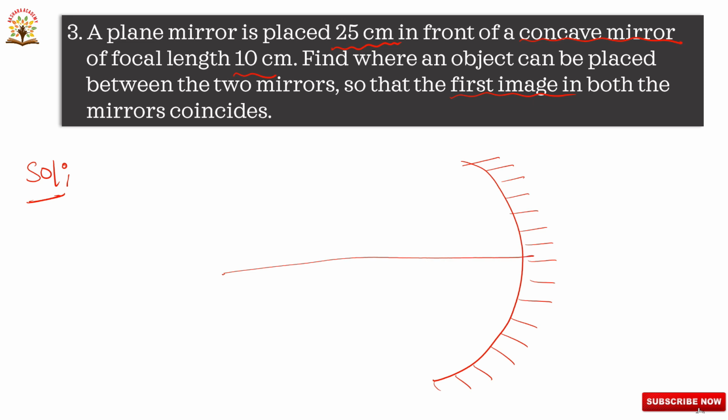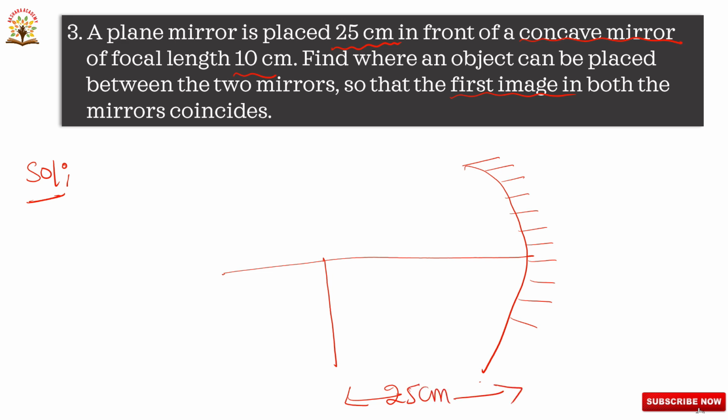Now we have to situate a plane mirror which is at a distance of 25 centimeter from this mirror. They given here a plane mirror is placed. This is the plane mirror, placed at a distance of 25 centimeter.